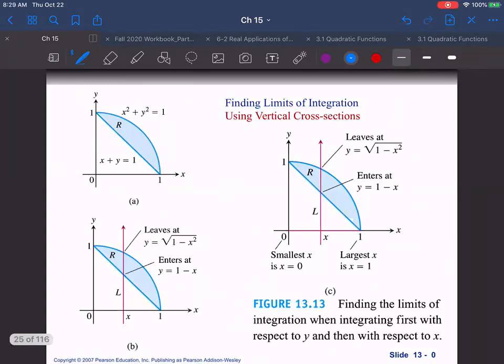We're setting it up to integrate on y first, and then after that you'd integrate with respect to x. And so x simply goes from 0 out to 1, but y goes from 1 minus x up to square root of 1 minus x squared. If you just draw yourself a little picture like that, that'll help.